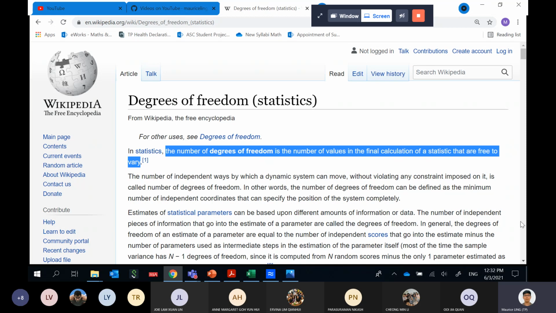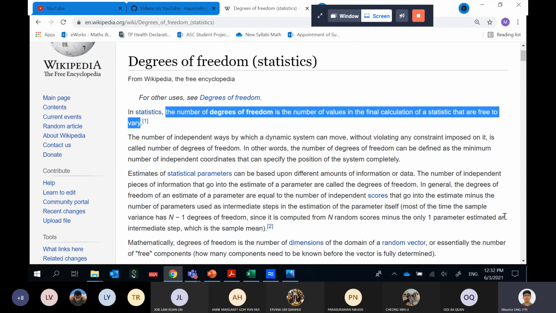Is the number of values in the final calculation of a statistic that's free to vary. And you continue reading, these are the correct definition. You have actually hit one of the toughest concepts in statistics so far, degrees of freedom. A lot of students in university don't even understand this. The more you read, the more confused you get.